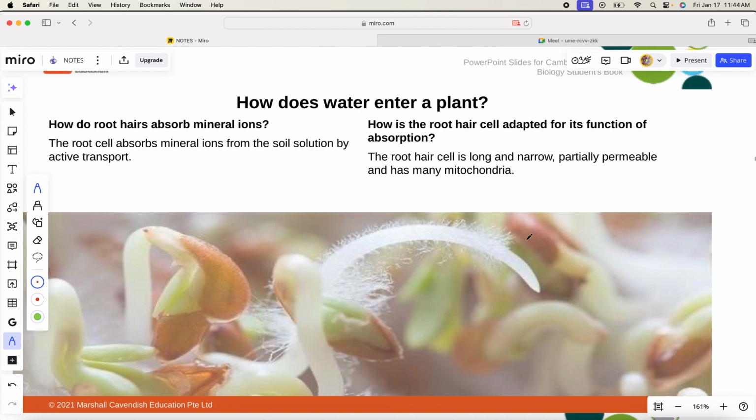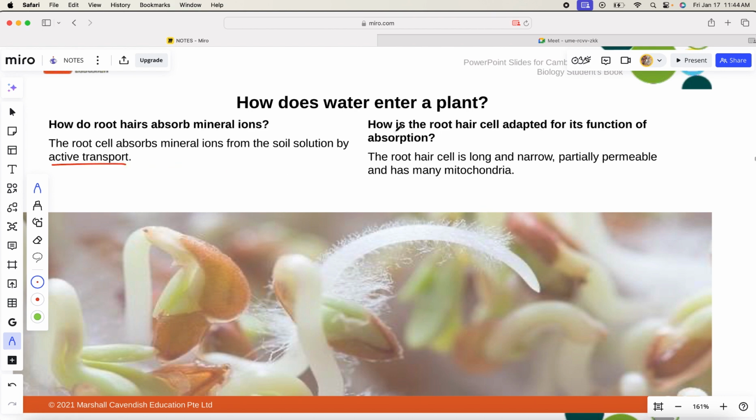So it's moving against the concentration gradient, so it needs extra energy. And that process where you require extra energy from respiration is called active transport. So the mineral ions will be transported by active transport, but the water is by osmosis.